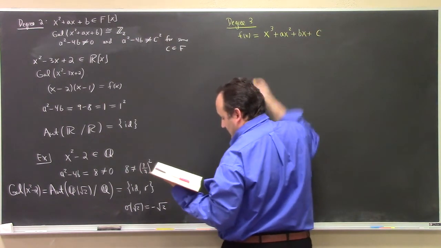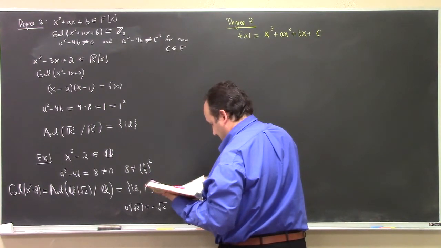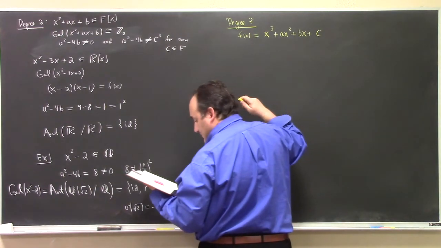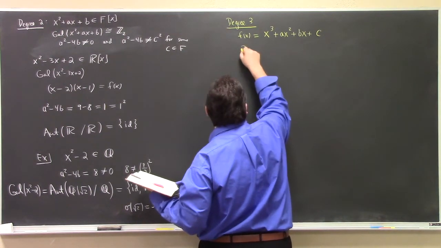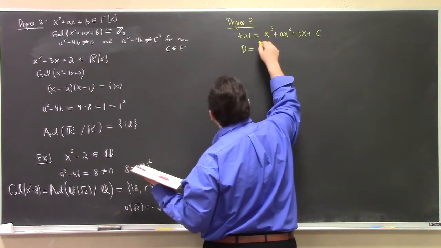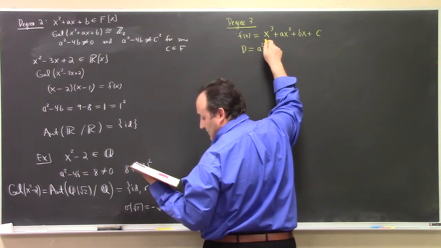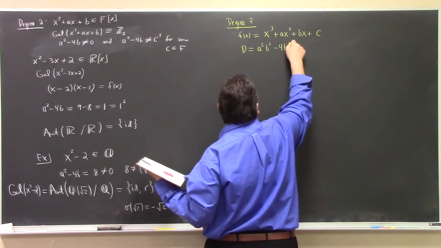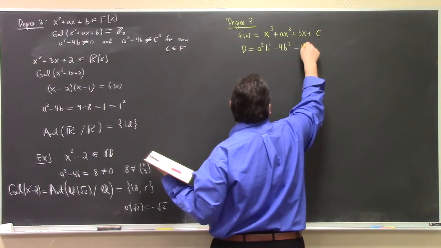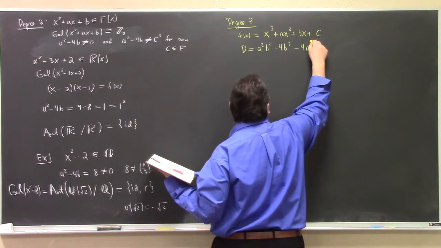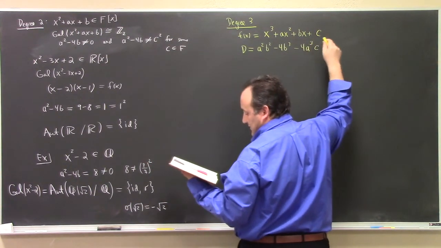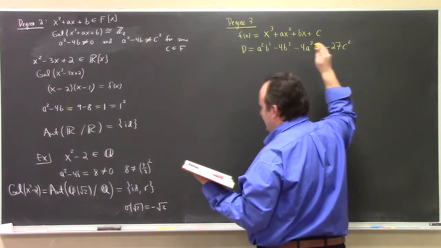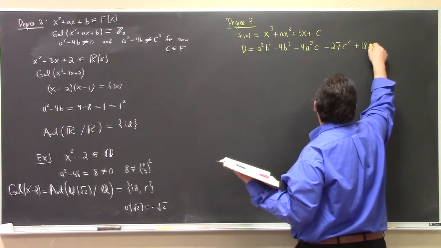For this, the discriminant turns out to be, I'll just write it down. I'm not going to derive this because I want to spend our energy on other things today. It's a squared b squared minus 4b cubed minus 4a cubed c minus 27c squared plus 18abc.